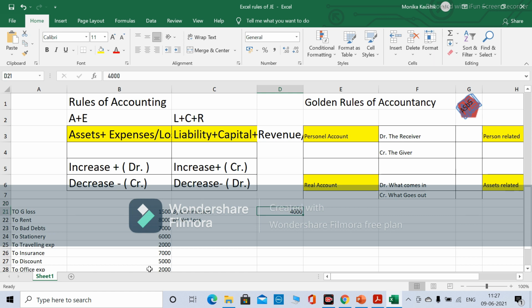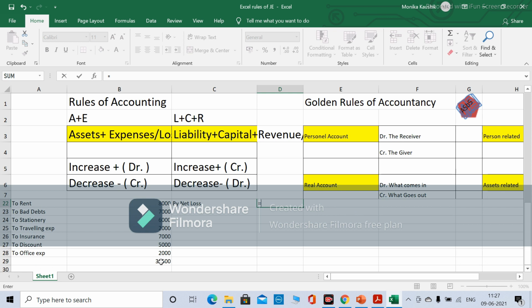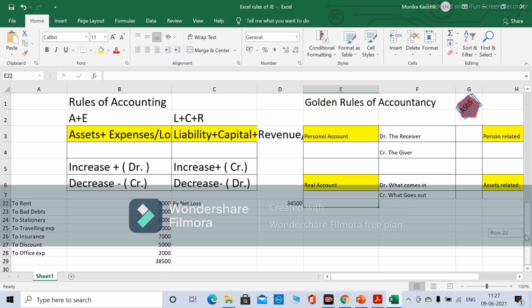Now here we will find out the net loss is equal to this one minus 4000 rupees. This is my net loss and the total is.